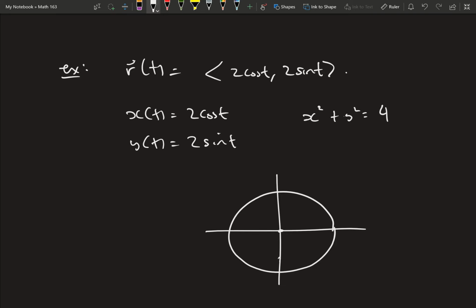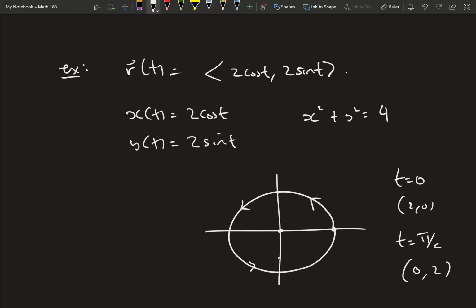The question is, how is this oriented? Well, at t equals 0, we're at the point 2, 0. If you plug in, say, pi halves, you'll get the point 0, 2. So we're oriented counterclockwise, which is our standard trigonometric orientation.